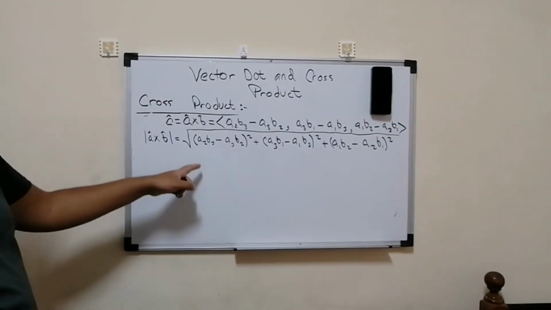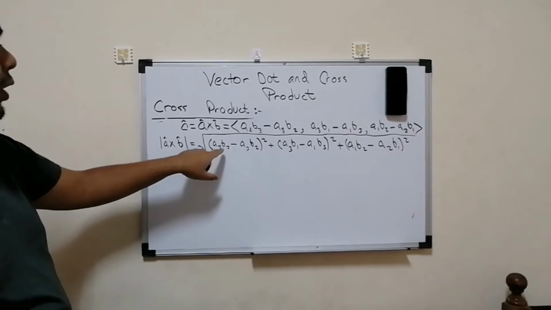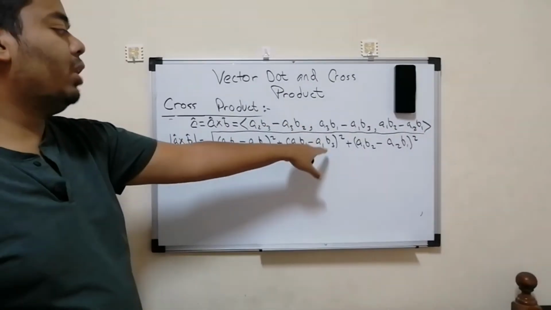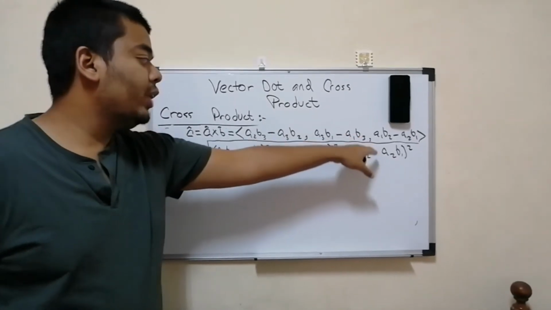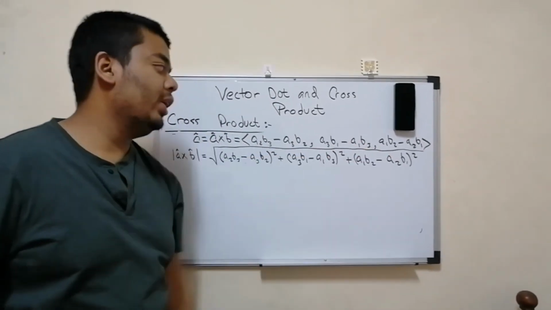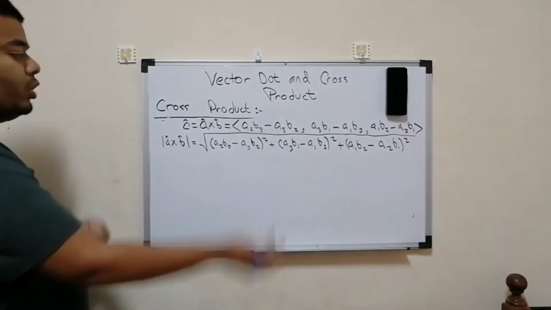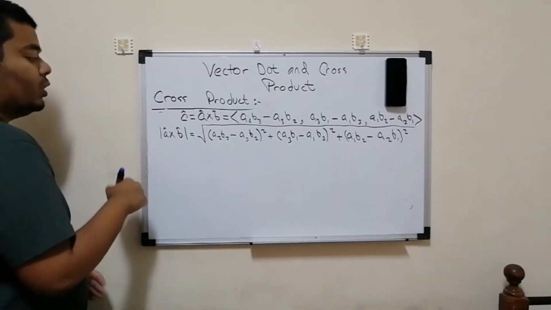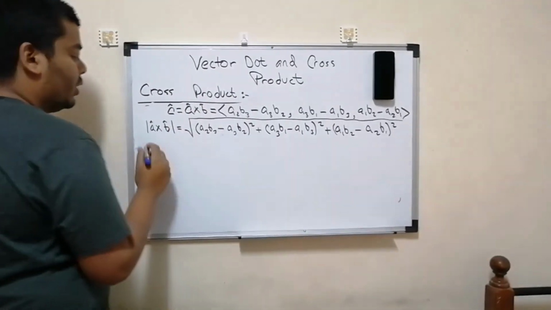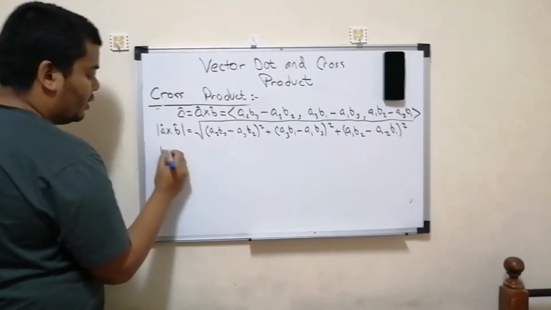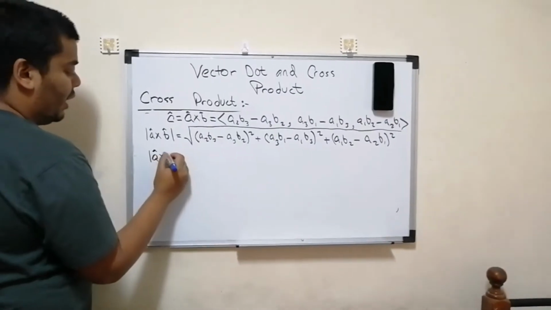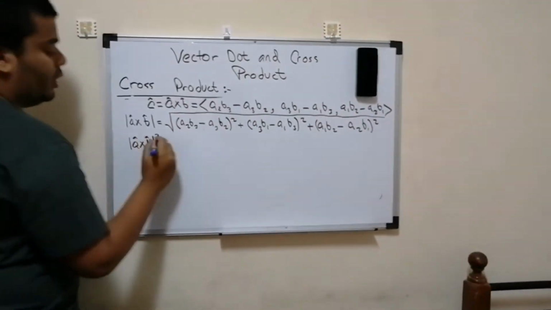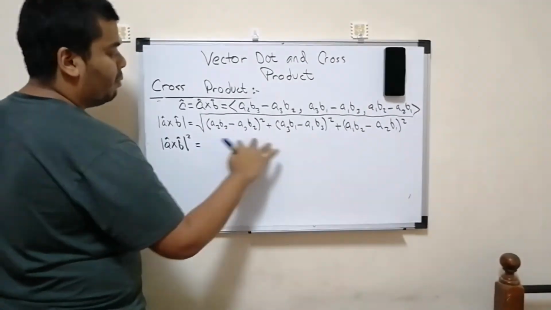Yeah? So now let's check if we have the correct components: A2 B3 minus A3 B2, A3 B1 minus A1 B3, and A1 B2 minus A2 B1. We'll take the square on both sides, so the square and square root get cancelled. On the left-hand side we are left with the magnitude of A cross B whole square, which is equal to, let's expand these.